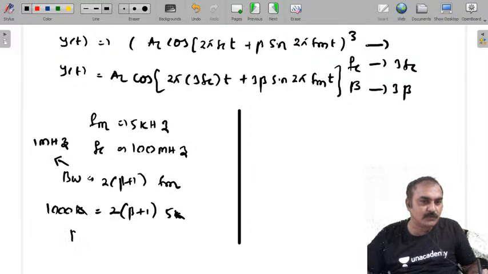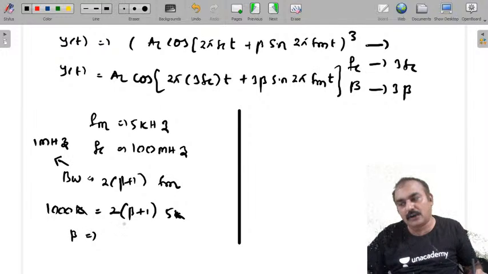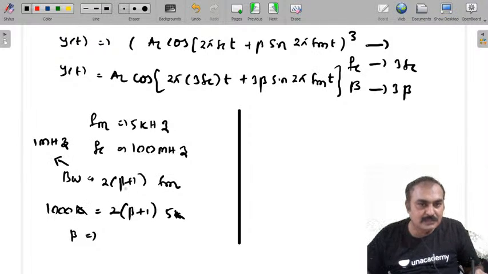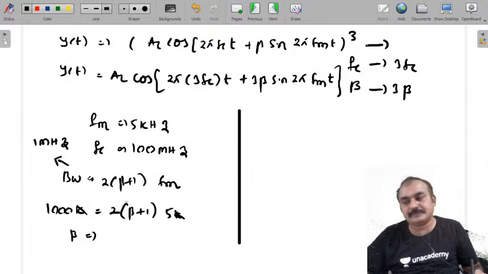So 2 into (beta plus 1) into 5k equal to 1000k, that is 1 megahertz.